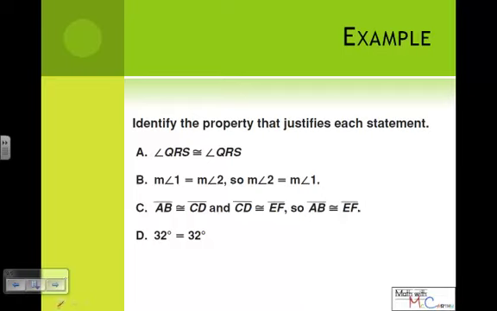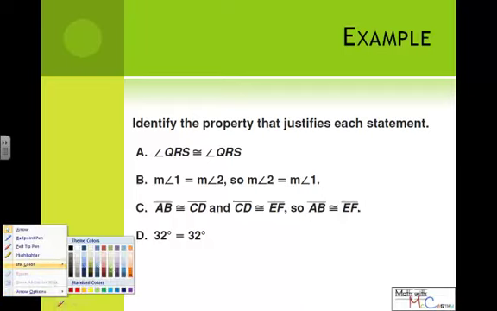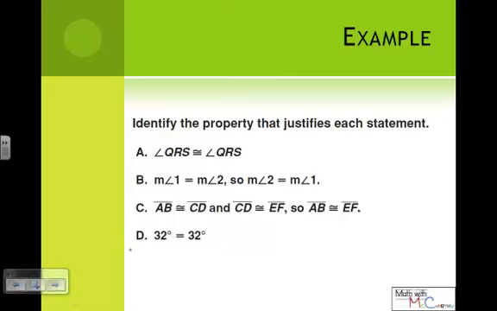Okay, so here we just have to identify which of those properties are demonstrated in this example. So angle QRS is congruent to angle QRS. That is our reflexive property of congruence. Here, if the measure of angle 1 equals the measure of angle 2, the measure of angle 2 equals the measure of angle 1. That is actually the symmetric property of equality.